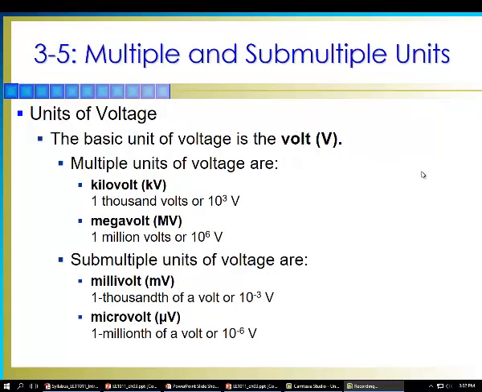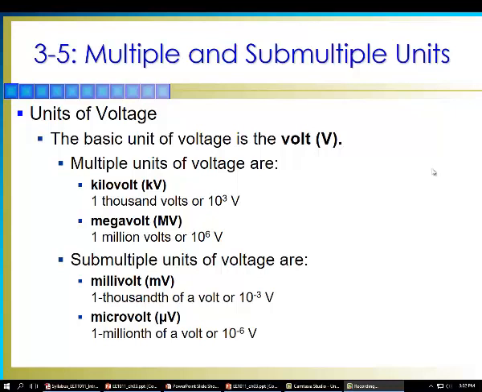Units of voltage. The basic unit for voltage is the volt. If we're dealing with large amounts, we might want to use multiples of the volt, like kilovolts, for example, which is 1000 volts.